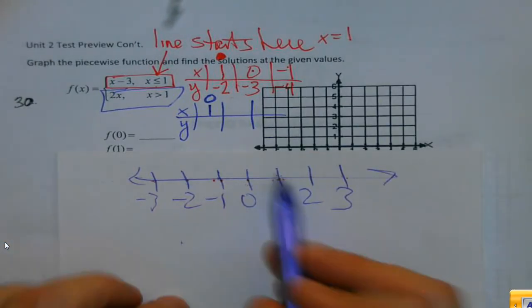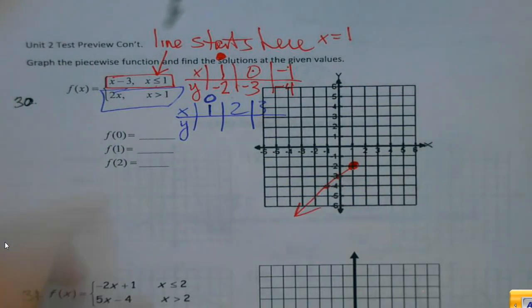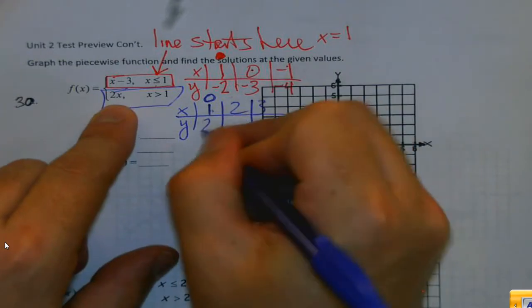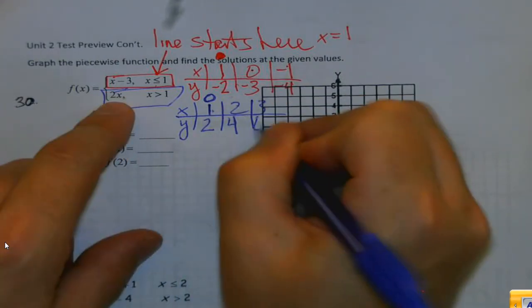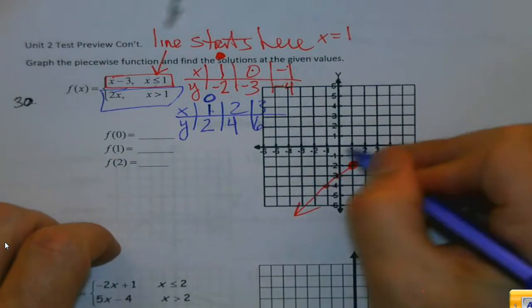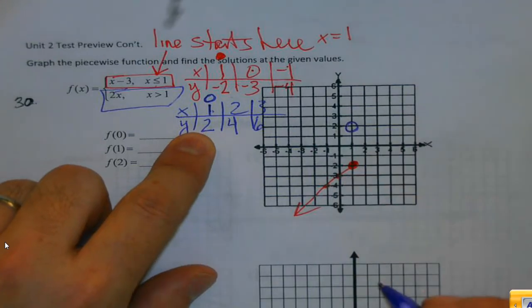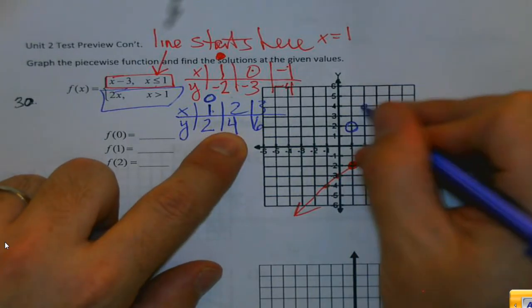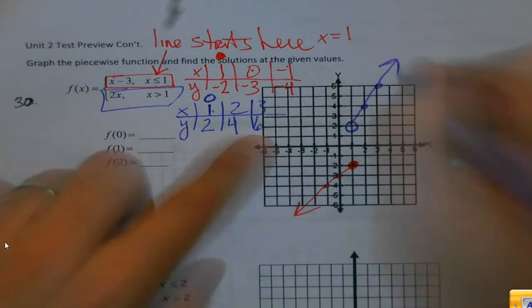Make a number line if you need to. 2, 3. Plug them in. 2 times 1 is 2. 2 times 2 is 4. 3 times 2 is 6. 1, 2. Open circle. 2, 4. 3, 6. Big dot. Connect the dots.